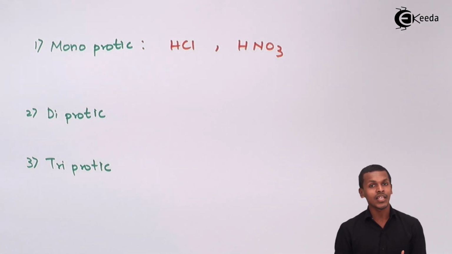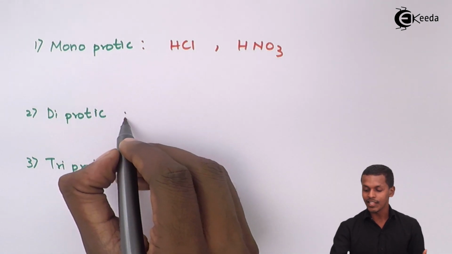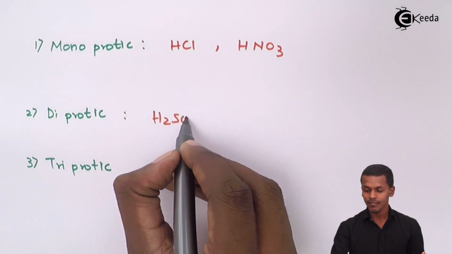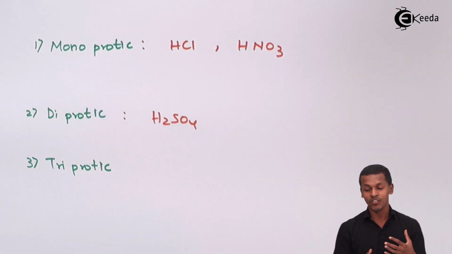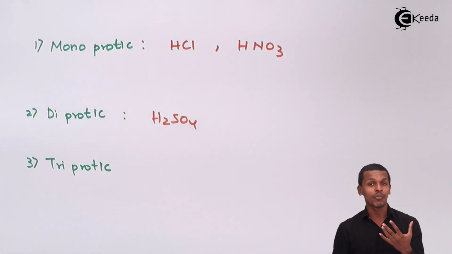Talking about diprotic acids, these are the acids which, when dissolved in water, produce 2 moles of H+ ion on dissociation. For example, H2SO4 consists of 2 moles of hydrogen atoms, and when dissolved in water it forms 2 H+ ions, so it is a diprotic acid.